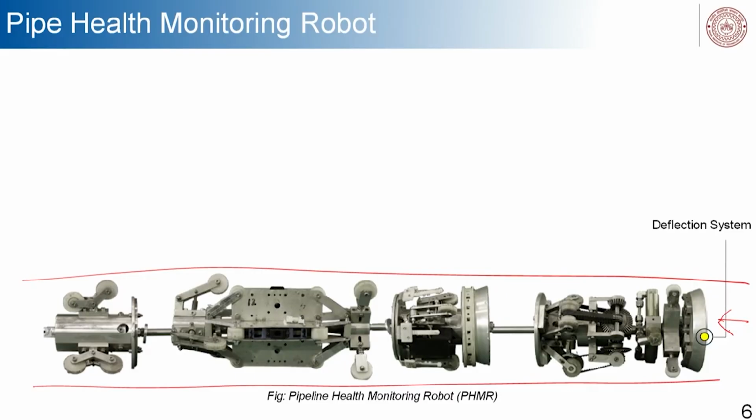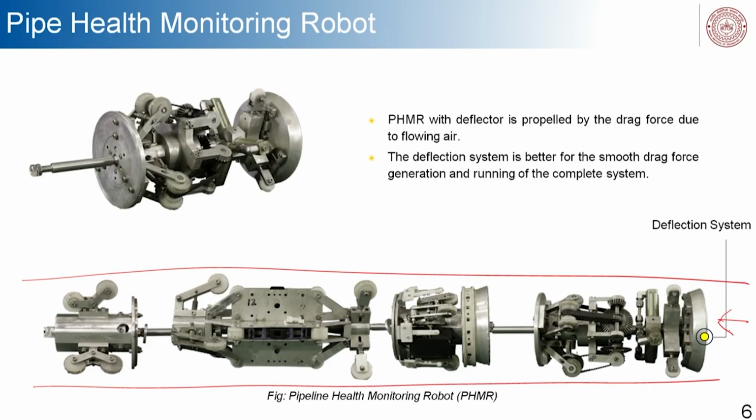Now, if you look at it, it has a deflection system, one of the first technicalities, because the gas is going to hit from that right hand side, and then you would see the speed controller.